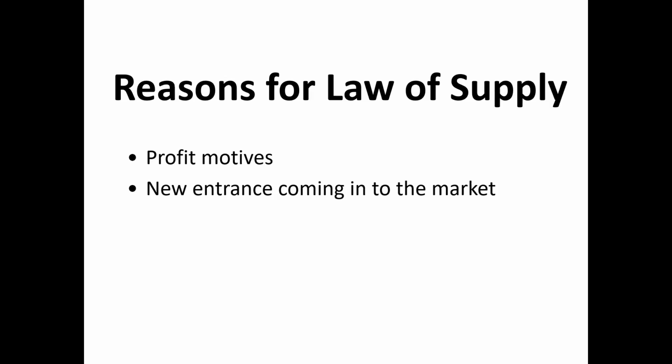Another reason is the new entrants. If new organizations observe that existing firms are earning higher profit, then they will also enter the market, enhancing the supply. If there's a large number of organizations in the market, supply will definitely increase.